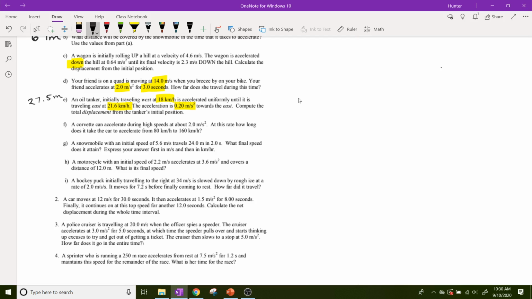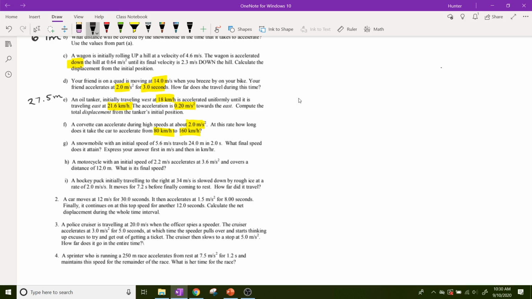A Corvette can accelerate during high speeds at about 2 meters per second squared, which is a pretty good acceleration. That's healthy. At this rate, how long does it take the car to accelerate from 80 kilometers per hour to 160 kilometers per hour? Let's get that in meters per second.